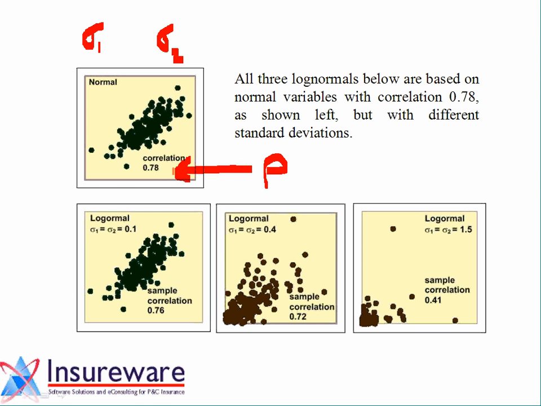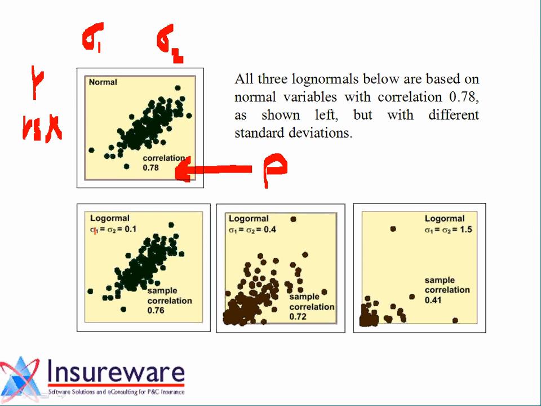So if we start off with a correlation between two normals of 0.78, these are just simulated random numbers of, say, y values versus x, which have a bivariate normal distribution. The standard deviation of y is sigma 1. The standard deviation of x is sigma 2, and there's a fixed correlation of 0.78.